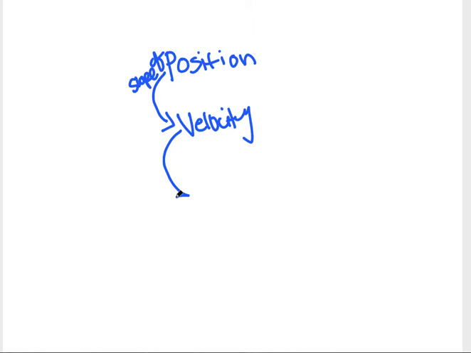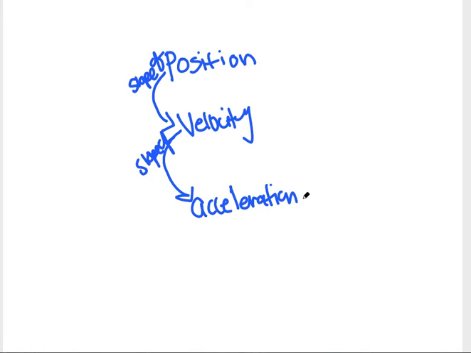Now, the slope of a velocity time graph represents acceleration. All right, so position time graph slope, velocity. Or velocity time graph slope, acceleration.